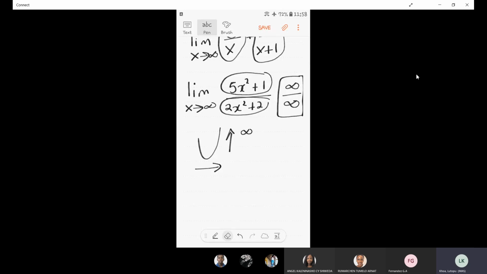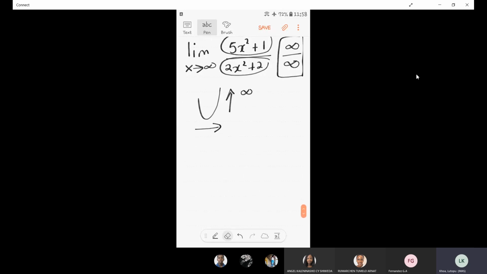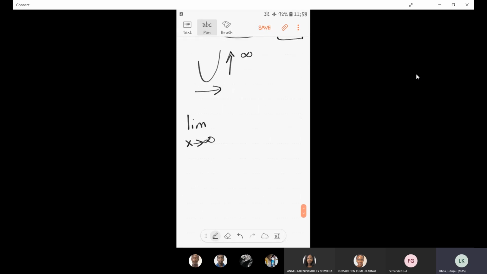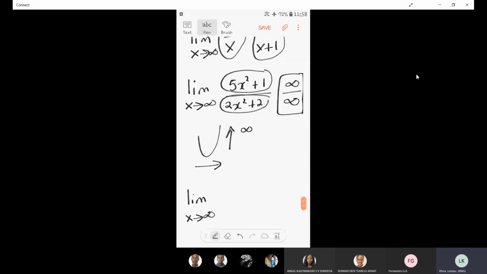What you do to work out this limit is you say the limit as x goes to infinity, and then you look at your numerator and the denominator. You look for the highest degree of x, both in the numerator and the denominator. So in the numerator, the highest degree of x is 2, and in the denominator it's also 2.